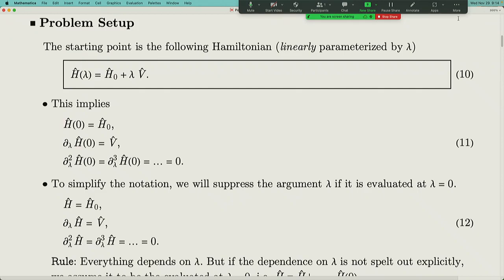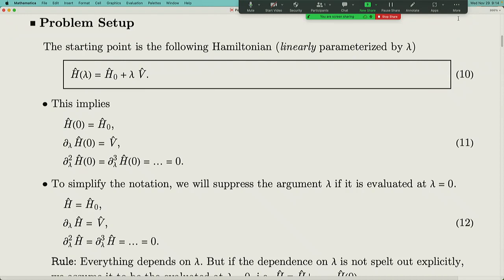If you think of this operator as a function of lambda as well, because it's parameterized by lambda, you can define derivatives with respect to lambda to any order, and then you can see all the higher orders vanish, because this is a linear combination of H0 and V using lambda, right? So the highest order term of lambda appearing in the Hamiltonian is only the first order.